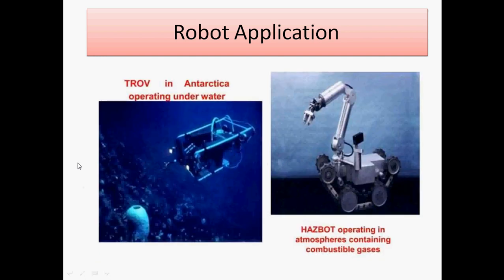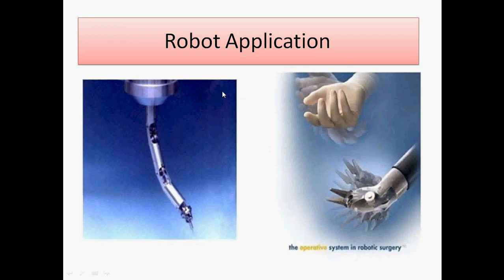Then after space, we are developing underwater robots for performing different actions, operating in an atmosphere containing combustible gases. We also have robots in surgery, where different assisted robots are used for different surgeries and for finding diagnoses.